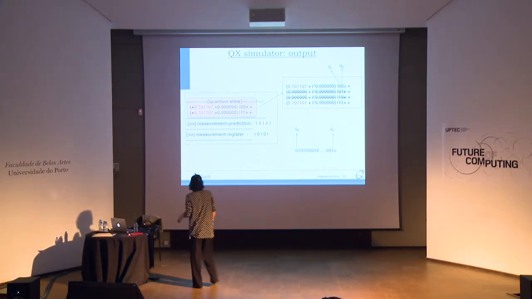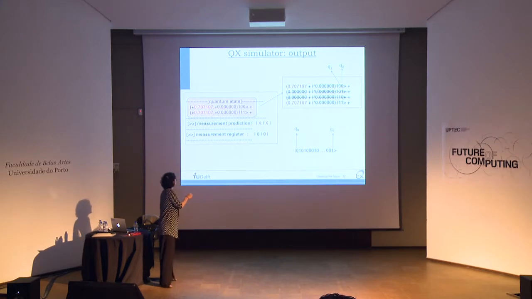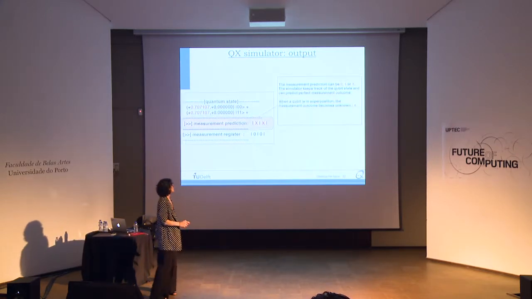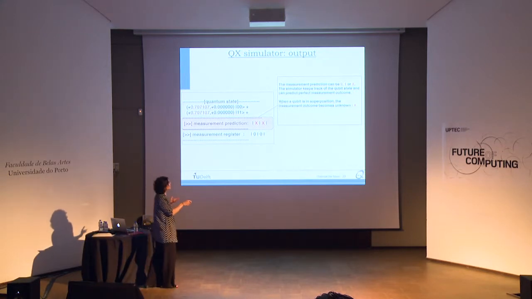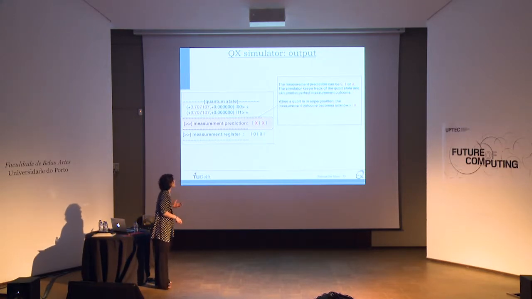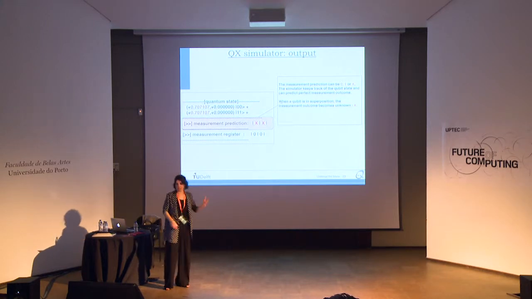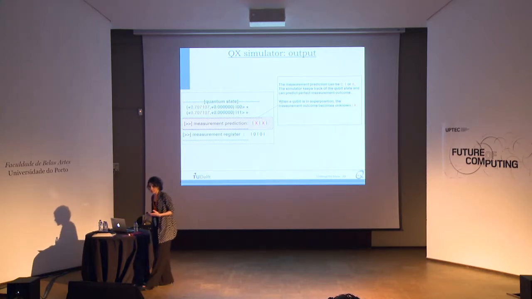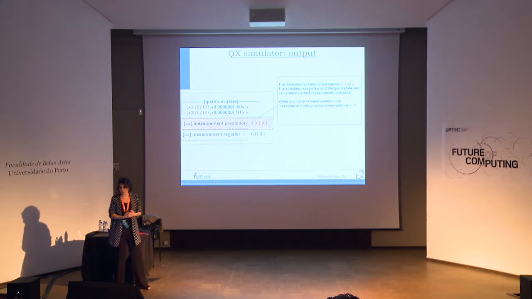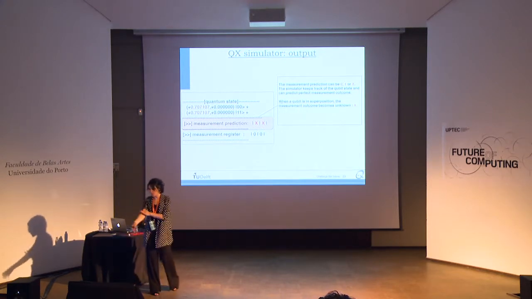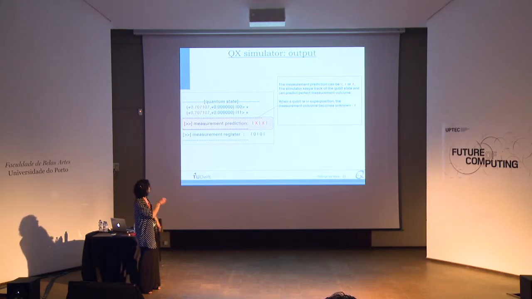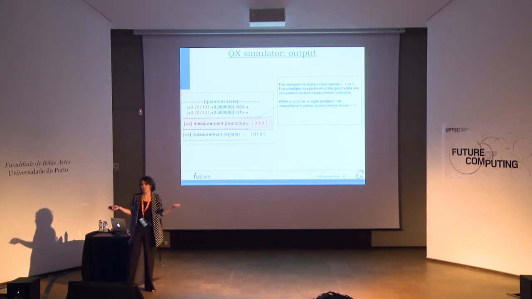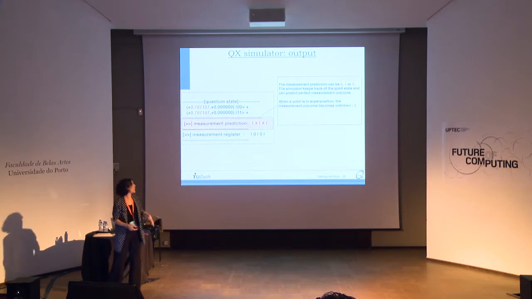Now, when I measure the qubit, I have this measurement prediction and this measurement register. So let's see what it is. The measurement prediction can be 0, 1, or X. The simulator keeps track of, or can predict, what is going to be the output of your measurement. But when a qubit is in a superposition, like in this case, you have 50% possibility of getting 00 or 11, right?